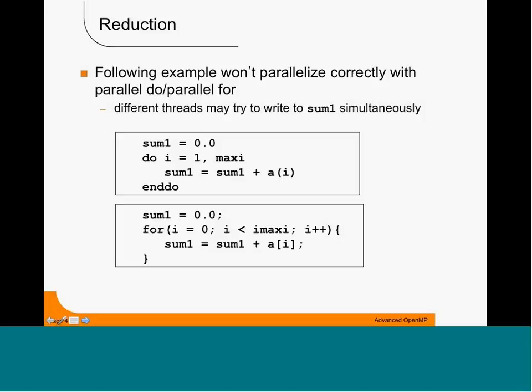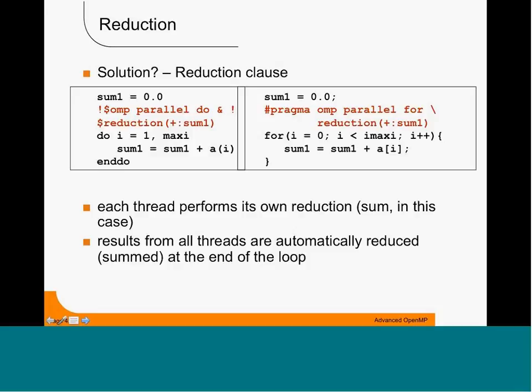Can I just put parallel for on top of the loop? I cannot easily, because if each thread is going to write to the same variable, then you will not have the correct result at the end of the loop.